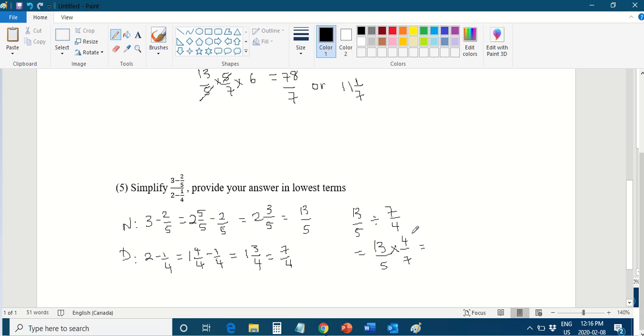So 13 times 4, in the numerator, we will have 52. The denominator will be 35. And then how many 35s can go into 52? We know 35 times 2 is 70. So then only one of them, so it's 1. And then 35 here. And then we say 52 minus 35, that should give us 17. So we will have 1 and 17 over 35 as our final answer.